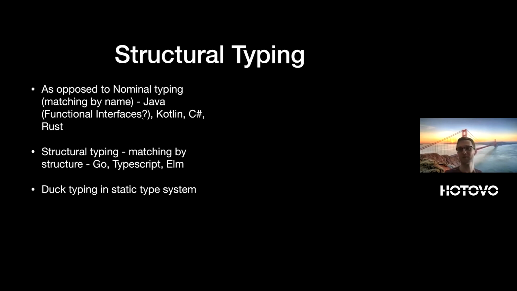And of course, a lambda doesn't have a name, so it's structurally matched. But some other languages support it on different levels, like TypeScript, Go, and Elm. I have some examples in TypeScript. So let's see how this works.